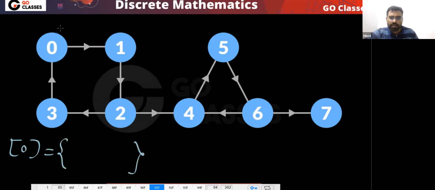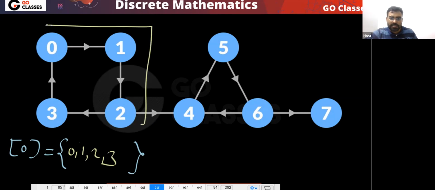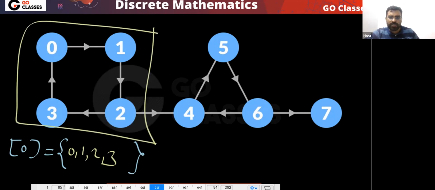That will be 0, 1, 2, 3, because there is a cycle. And you can notice that nothing else is included. So this is the strongly connected component we got.